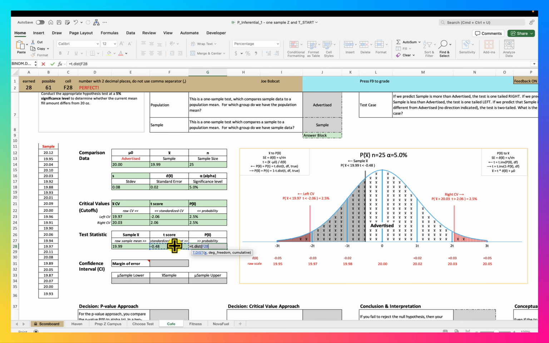X is the t-squared. It's a little weird, right? But it should be t probably, whatever. Degrees of freedom is the sample size minus 1. And then it is a cumulative distribution. So 31% probability, which is a whole lot higher than 2.5.